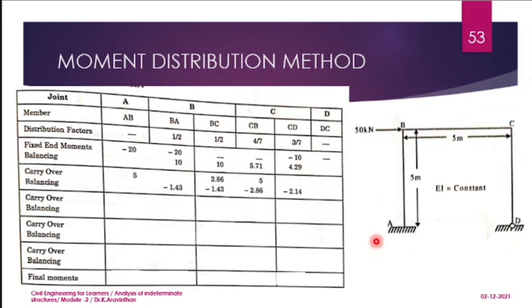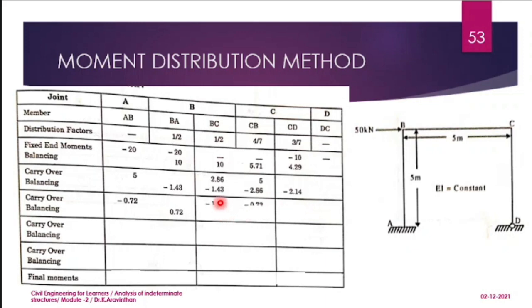Now make the carryover, and what will be the half of 1.43? 0.72, and half of 2.86 will be 1.43, and 0.72. Then you have to balance. How to balance?